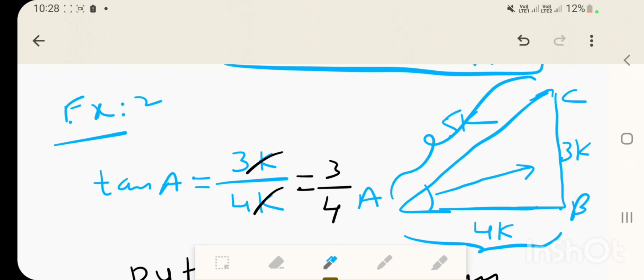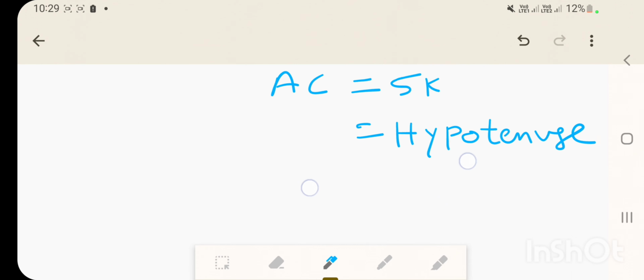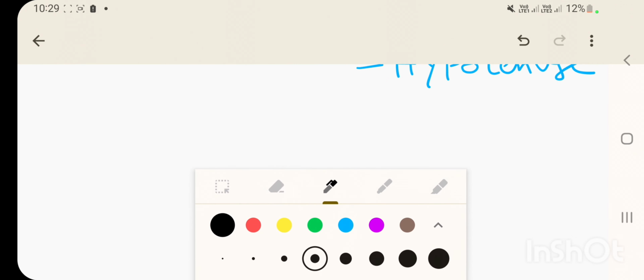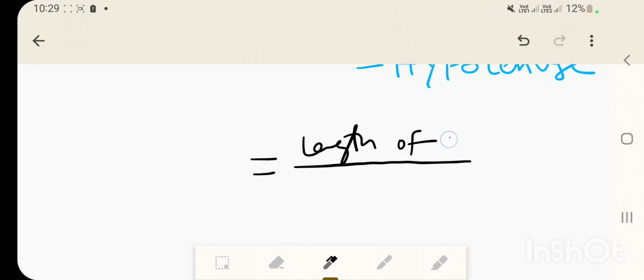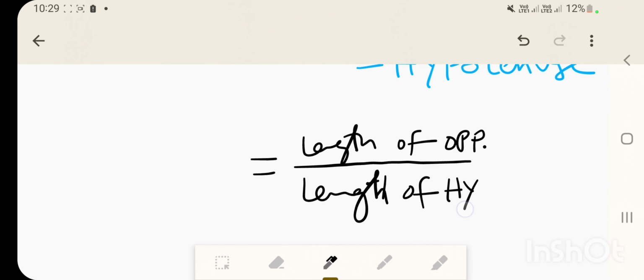Now we can take the ratio of opposite by hypotenuse. I will write on the right-hand side: length of the opposite side to angle A divided by length of the hypotenuse.